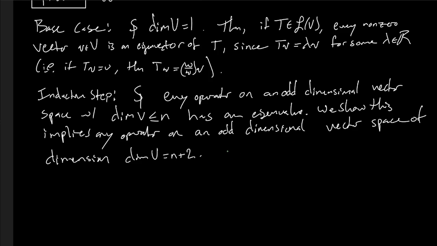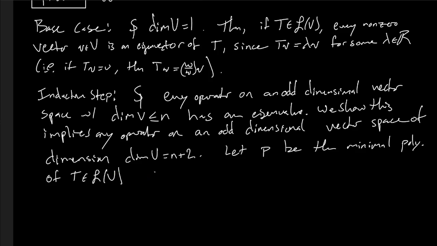Let p be the minimal polynomial of T in L(V). So we take our operator, we get our minimal polynomial.